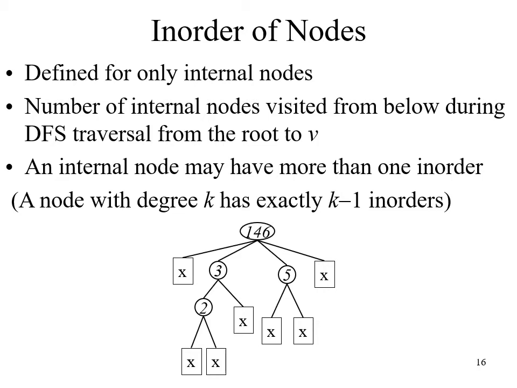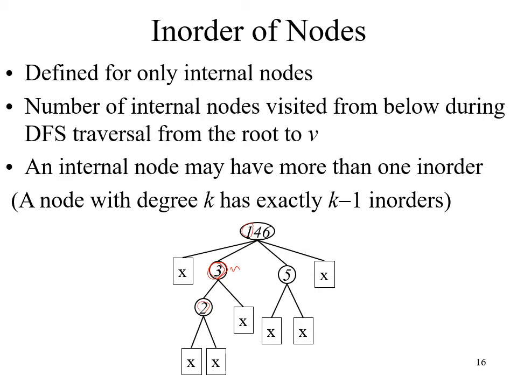I already explained this in-order, but let's recall it. In-orders are defined for only internal nodes, and the definition is the number of internal nodes visited from below during the DFS traversal from the root to the node V. So this node has in-order 3 because during the DFS traversal, we visit this node and this node before that node.